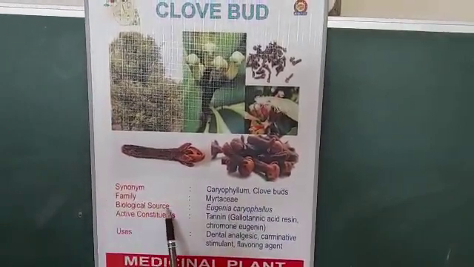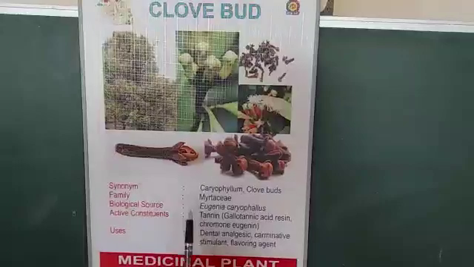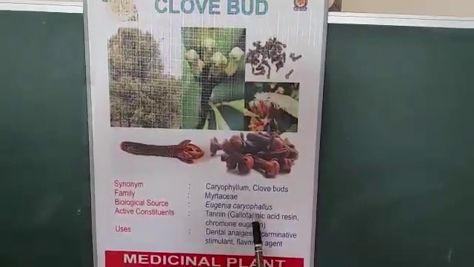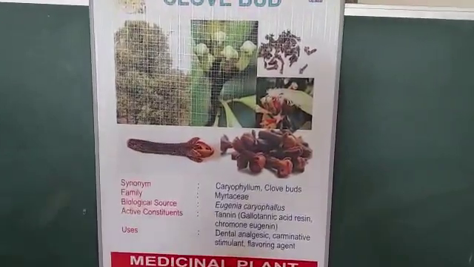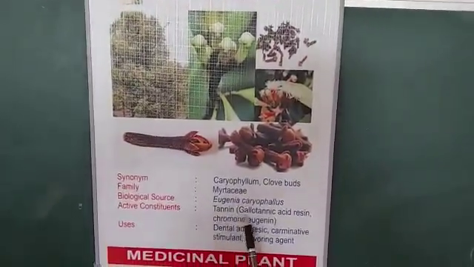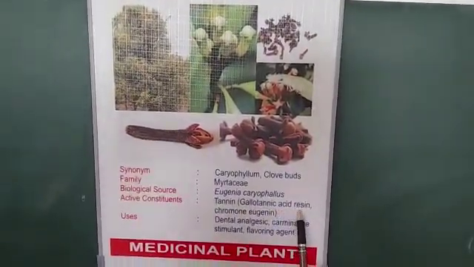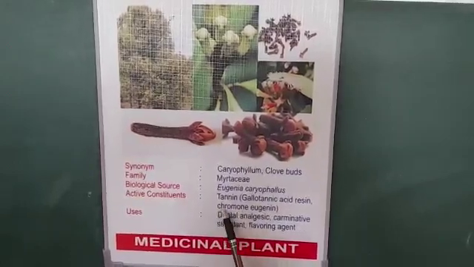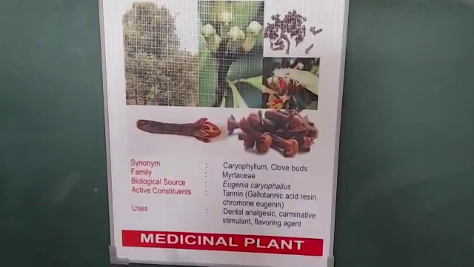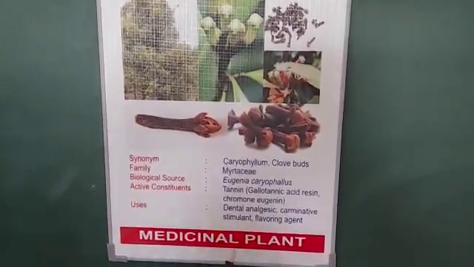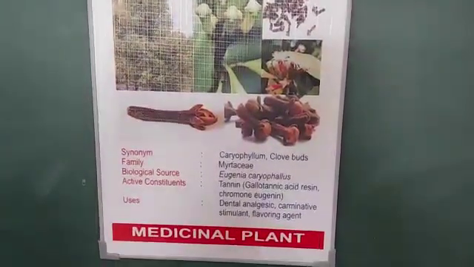What is the biological source? The name of the plant is Eugenia caryophyllus, and the main constituents for which it is known are tannins, namely gallotannic acid, resin, chromone, eugenin, and it also contains volatile oil, that is eugenol. That is why it is aromatic in nature.